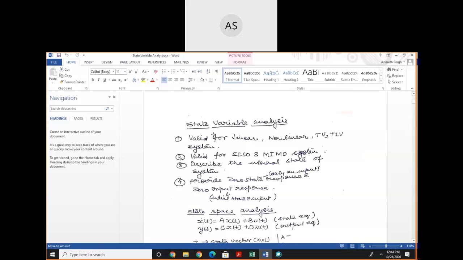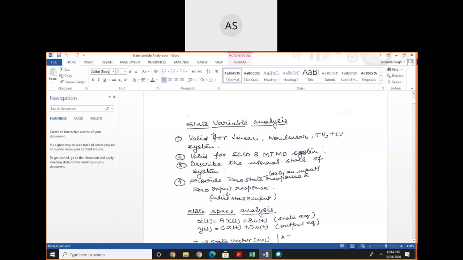Next is state variable analysis. State variable analysis is valid for linear, non-linear, time variant and time invariant systems. The advantage of state variable analysis is that it is valid for single input single output, and it is also valid for multiple input and multiple output systems.